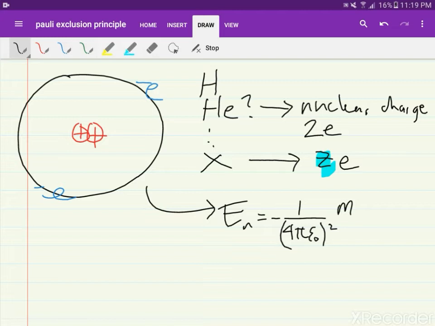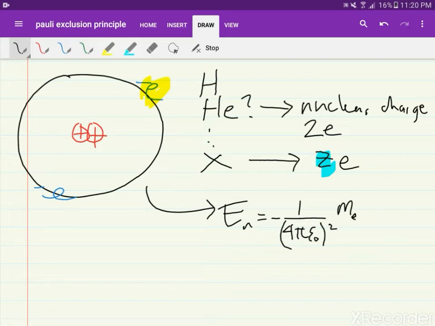The mass of the nucleus, I'll call that N, so this should be nucleus. This shouldn't be the mass of the nucleus, this should be the mass of our electron, or our particle that we are interested in. In this case, it's an electron.